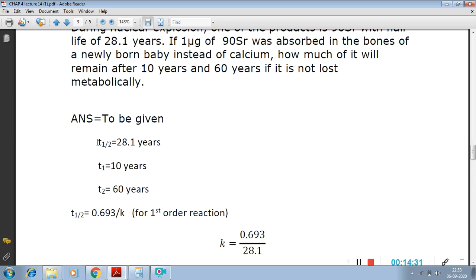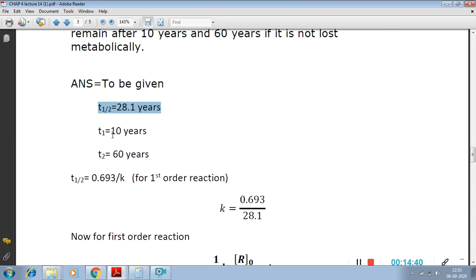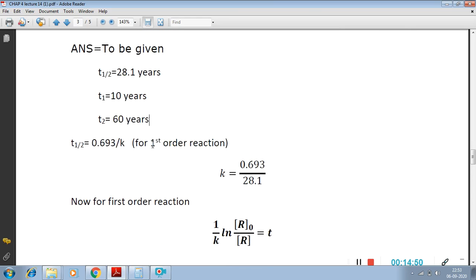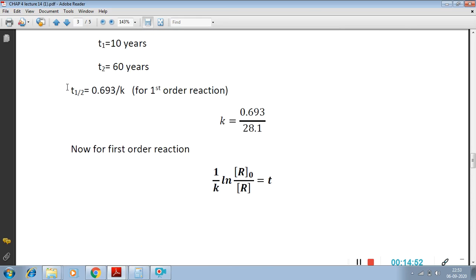So first of all, what are the values that are given to us? T1/2 is given to us, 28.1 years. Now after 10 years we want to find out, so I have denoted it by t1 is equal to 10 years and t2 is 60 years. Now this is also a radioactive decay, so it is a first order reaction.